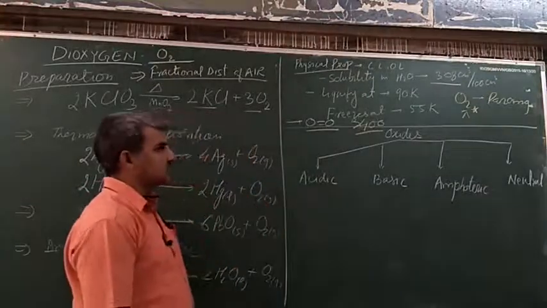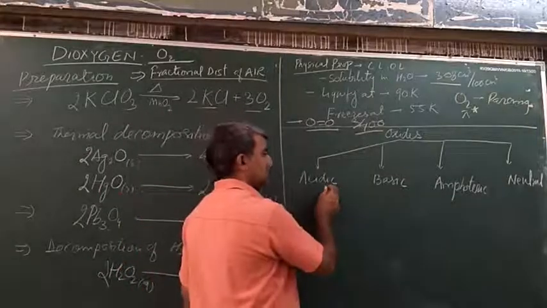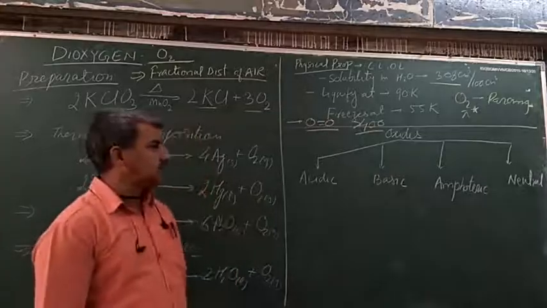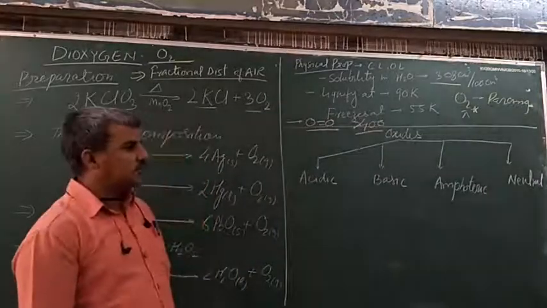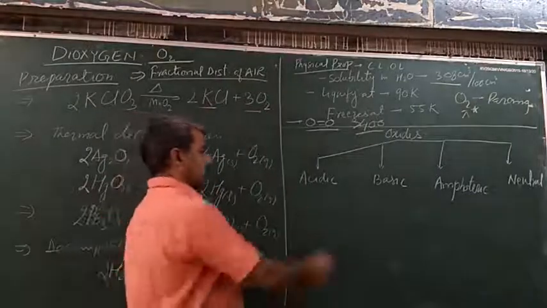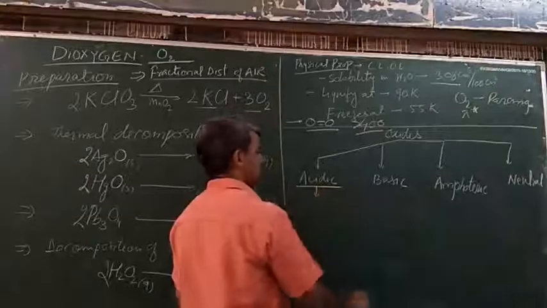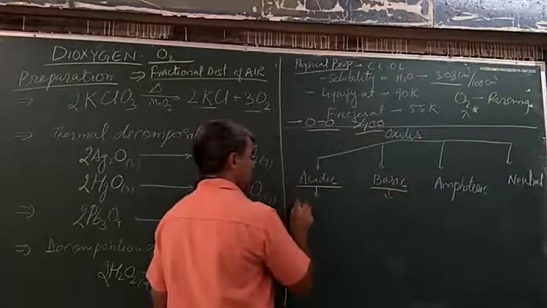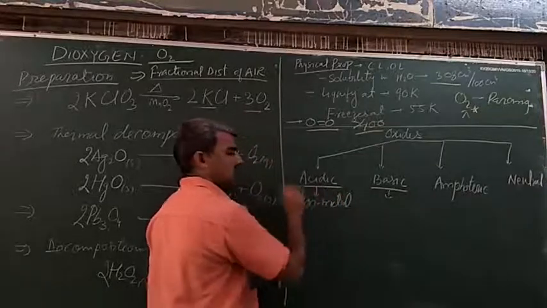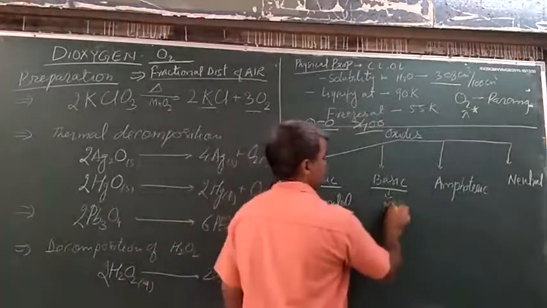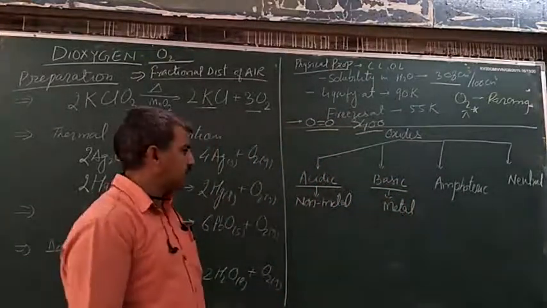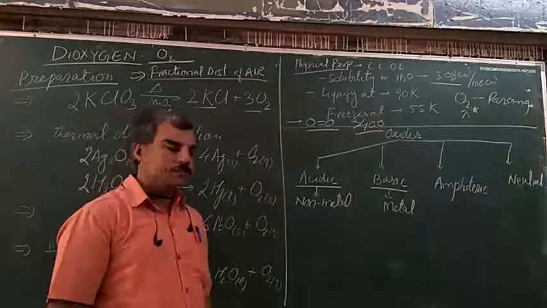So these oxides, we categorize them into 4 parts: acidic oxide, basic oxide, amphoteric oxide and neutral oxide. क्लास 10th में हमने पढ़ा था एसिड बेस चैप्टर में कि जो नॉन मेटल ऑक्साइड है, नॉन मेटल्स फॉर्म एसिडिक ऑक्साइड एंड metals form basic oxide. Non-metal acidic and metal basic.